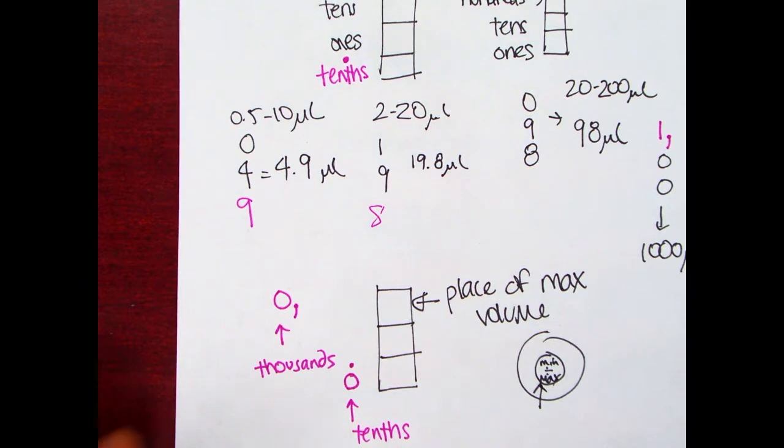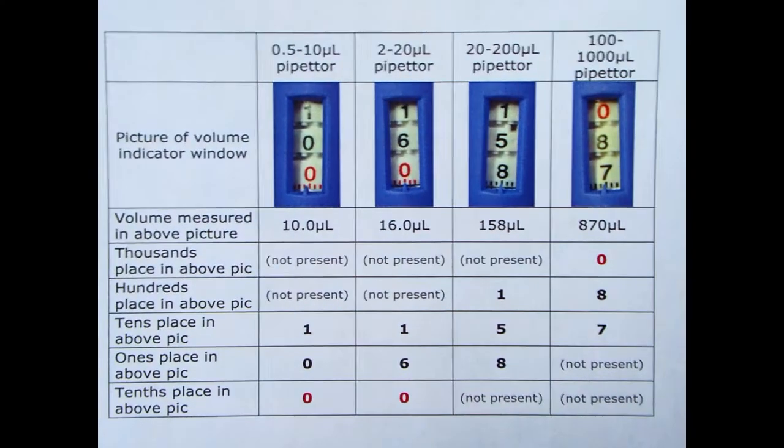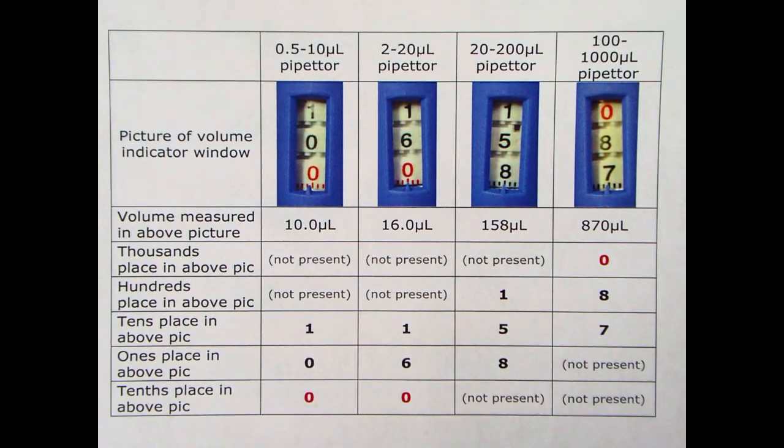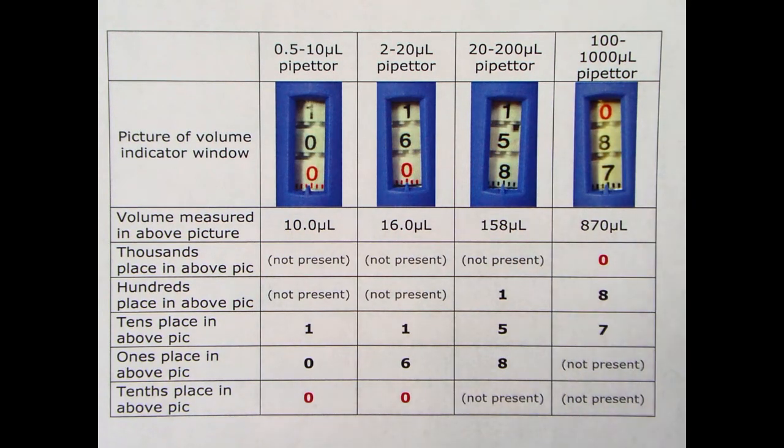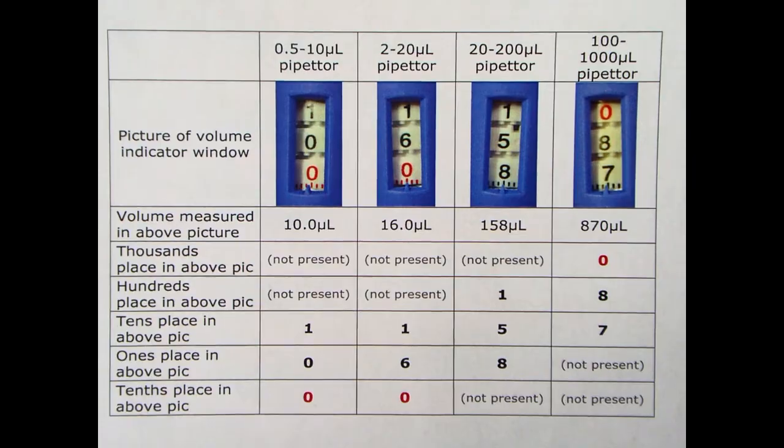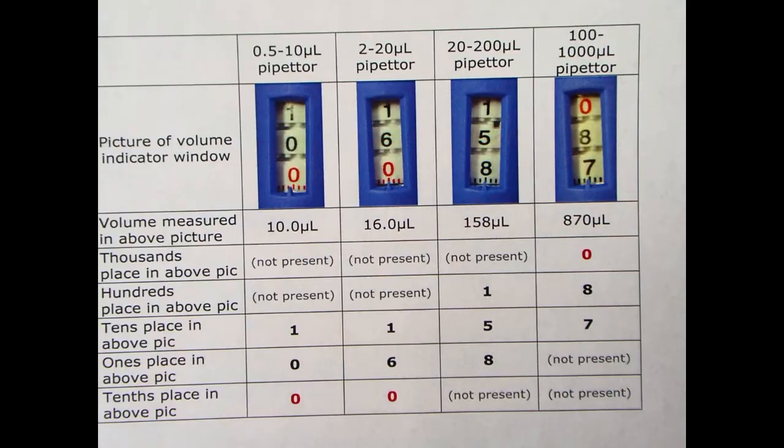Okay, if you get stuck on this and this video has just made 0 sense to you, that's always a possibility, you will find this sheet in your reading about pipettors. These are pictures of the different volume windows. I don't have the pictures of the tops on here, but you can look at the previous page for those.